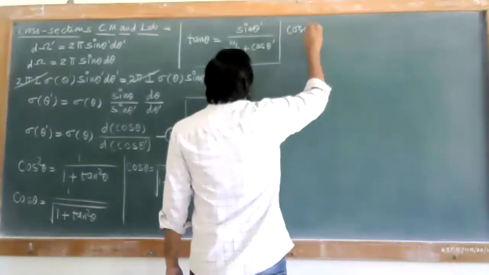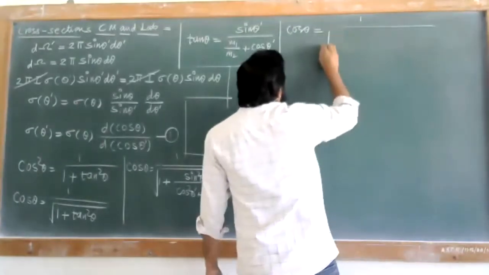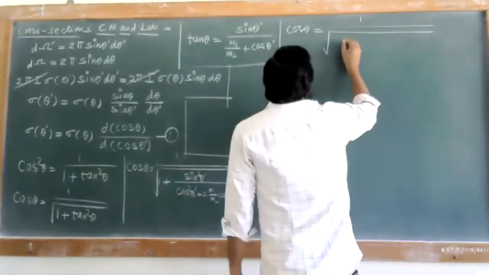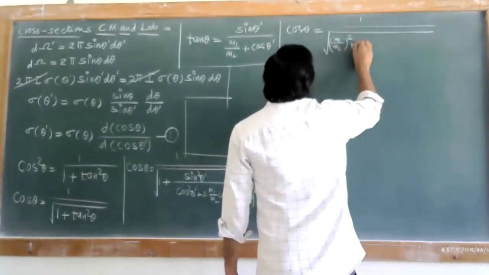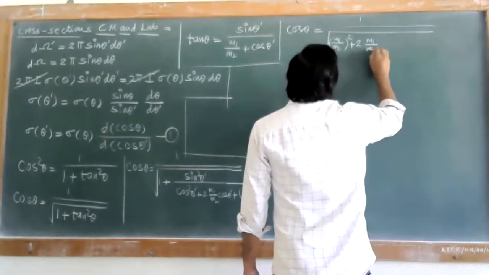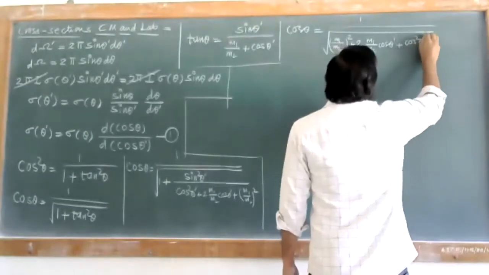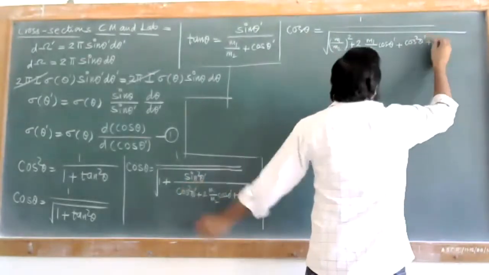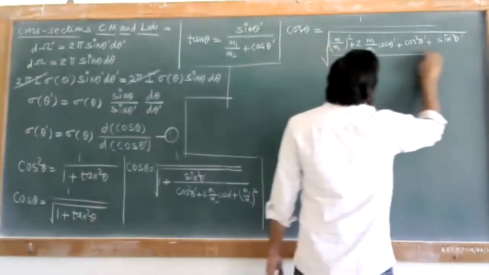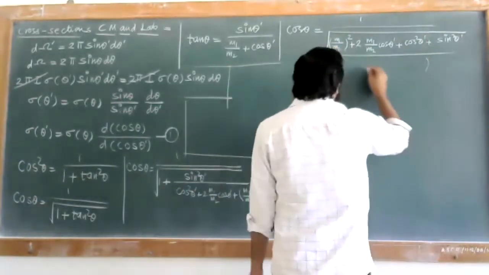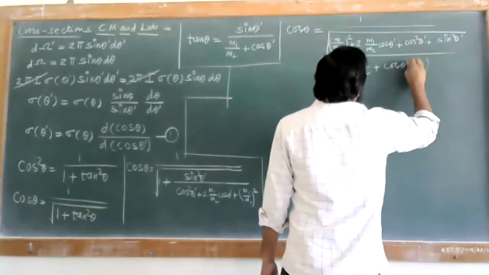So cos of theta is equal to 1 divided by, we'll just take an LCM, and that LCM is m1 upon m2 bracket square, and just write the first term plus twice m1 upon m2 into cos of theta dash plus the third term, that is cos square theta dash plus the term that is left here, that is sin square theta dash, and that must be divided by the value of this, that is m1 upon m2 plus cos of theta dash, into the square.